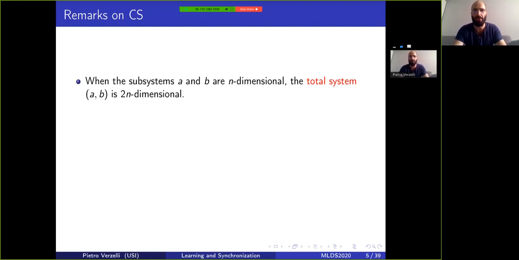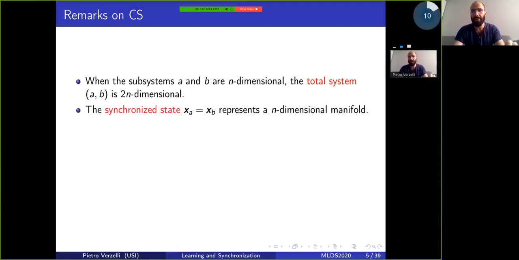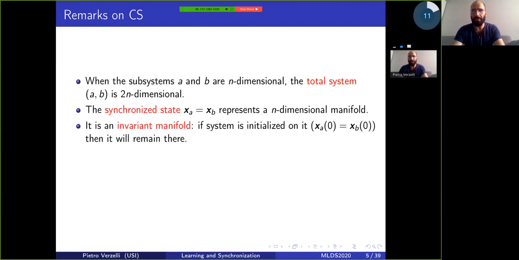But the synchronized state represents an n-dimensional manifold, because you have the constraint that x of a must be equal to x of b. So this is a submanifold of the system, and it is invariant, because if the system starts on that manifold, it will stay on that manifold forever.